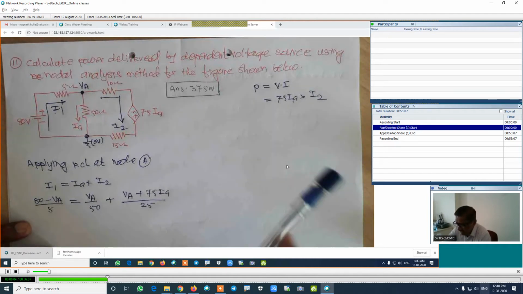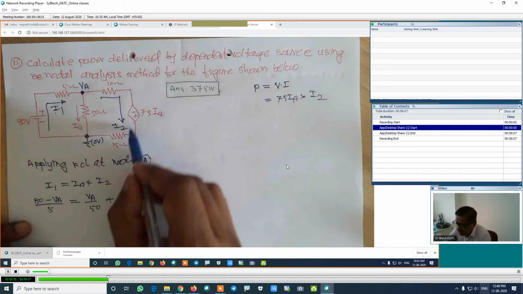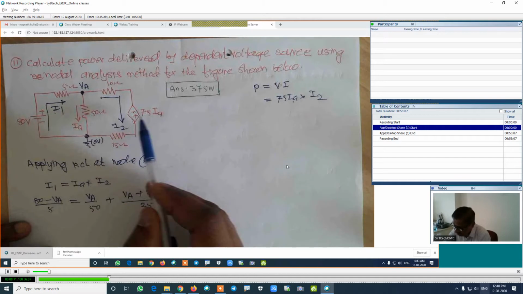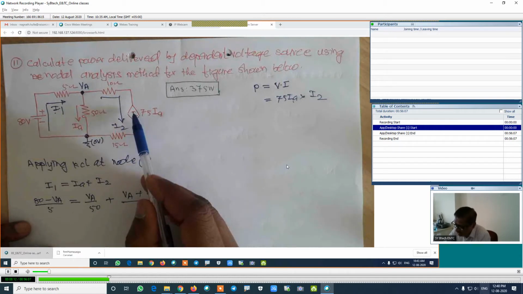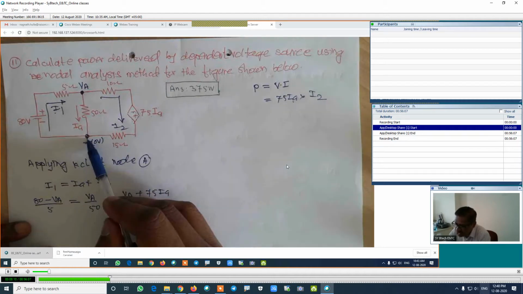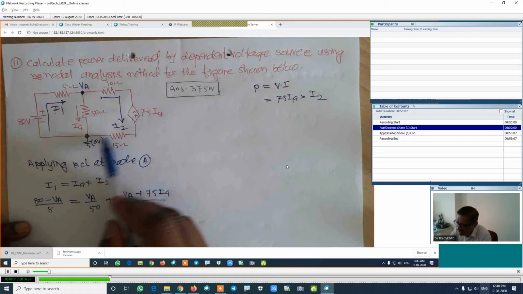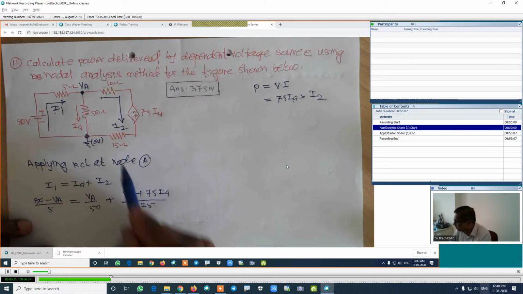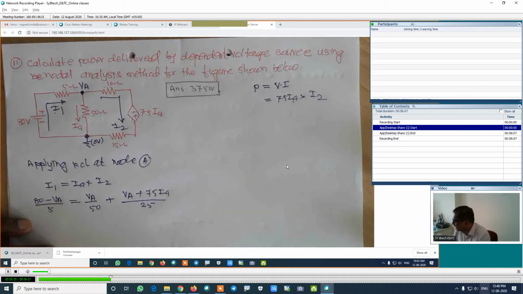I will calculate the same value once again for this branch. Here is the potential VA, we are traveling down. For the dependent source, negative to positive, which is a plus, its value is 75 into IA, minus this potential, divided by the resistance of this complete branch, which is 15 plus 10, that is 25. We will name this equation number 1.